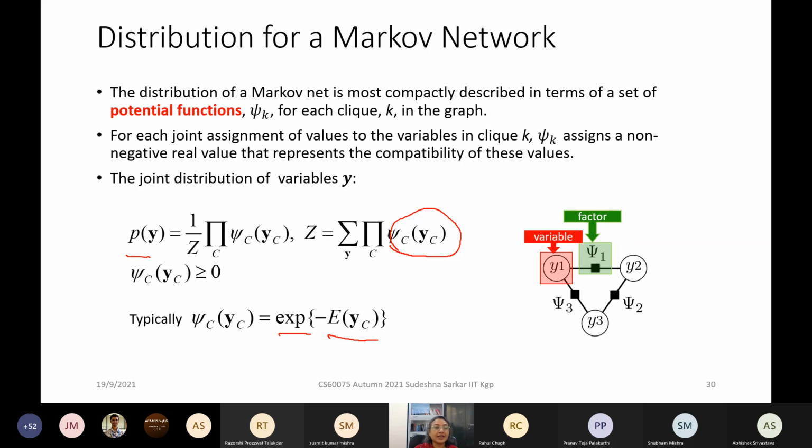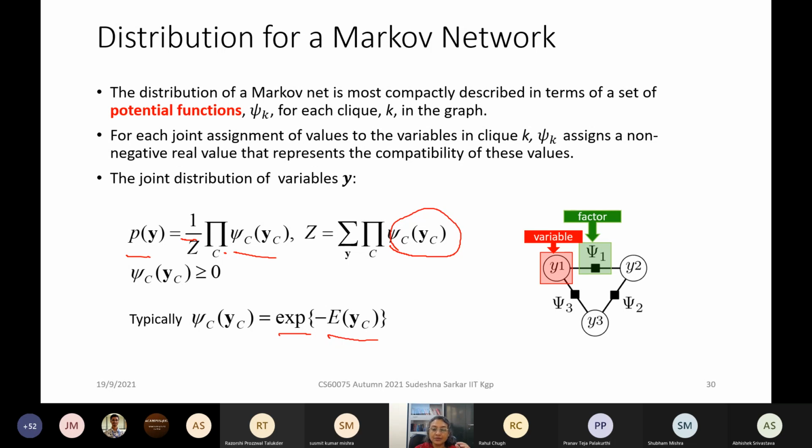Based on that, we find the probability of a particular y as the product of the potentials of the different cliques, and we normalize by dividing by Z so that what we get follows the properties of a probability distribution.